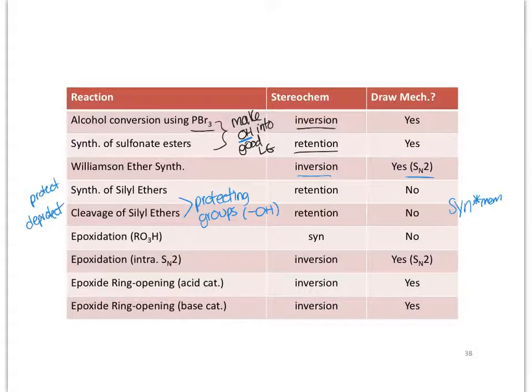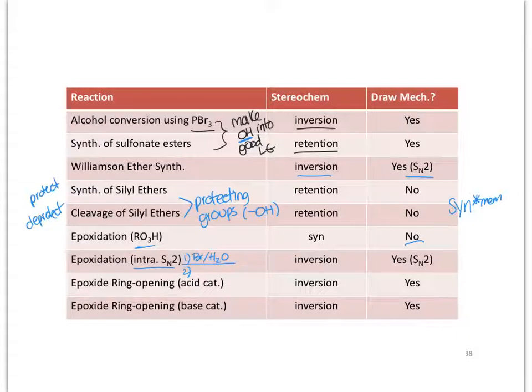Then we did making epoxides, and I said you aren't responsible for the peroxyacid version, which is this one, although I do have it in the slides. You are responsible if it's doing it via the intramolecular SN2, which was the bromine water in the first step, and then the opening. Oh, no, sorry. We're not opening yet.